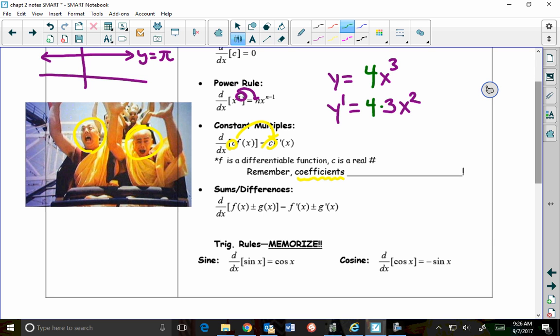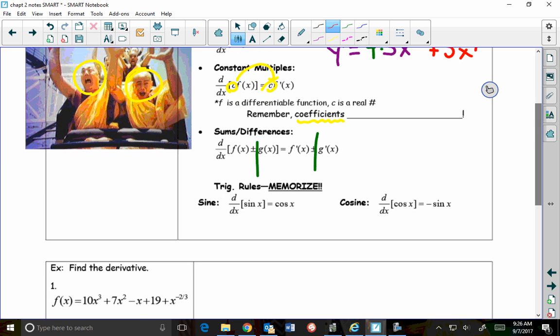When I have a plus or a minus, I can think of those as just separated. So if I also had plus x to the 5th, then I can just add the derivative of x to the 5th. The 5 comes down, I subtract 1. So you can do plus and minuses separately.